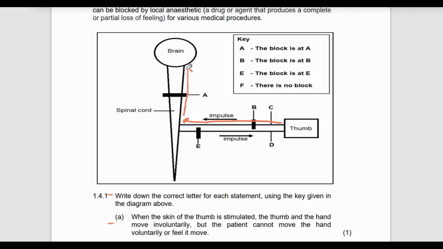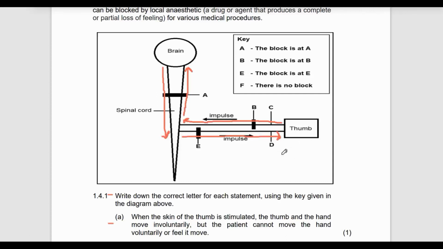It's the brain that told you that your thumb is being pinched. And it has responded, meaning that you moved your thumb, meaning that the motor neuron has sent back the interpreted messages to the effectors.